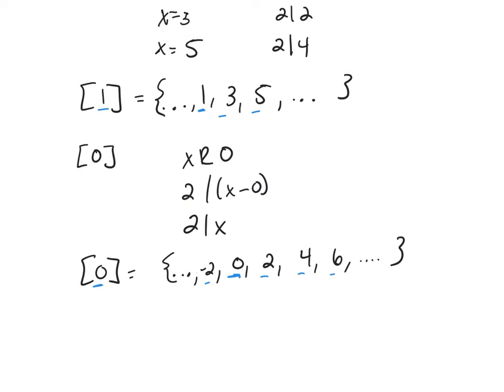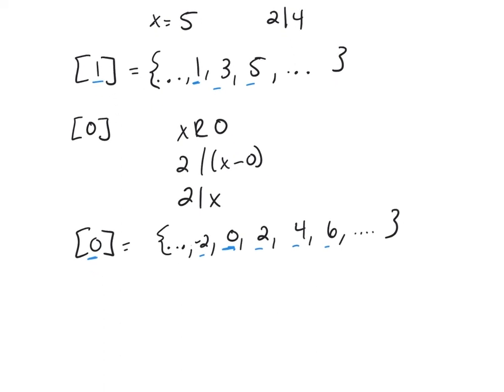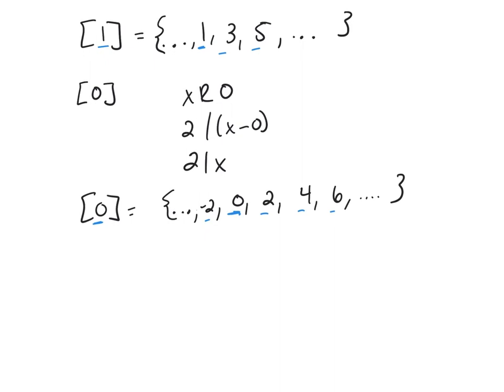But if you look at these equivalence classes, you can notice something is going on here. If I look at 0, all of these numbers that I've written down are even. So you can describe the equivalence class of 0 as containing even numbers.